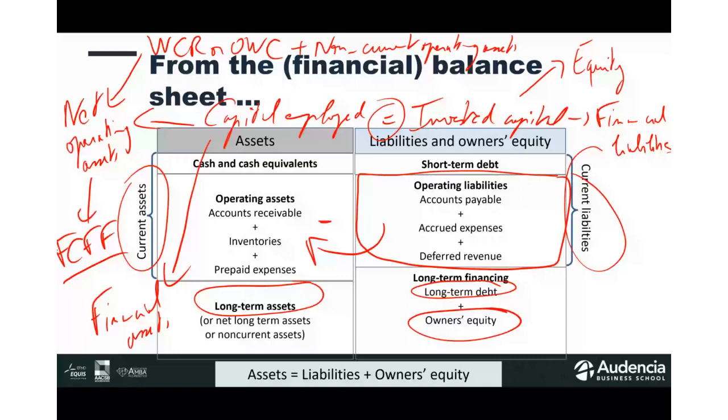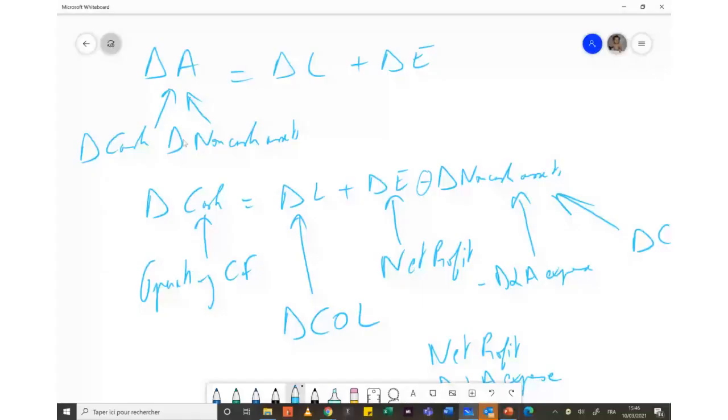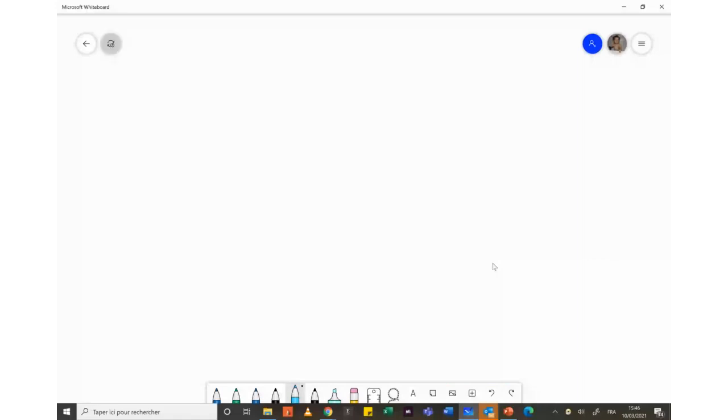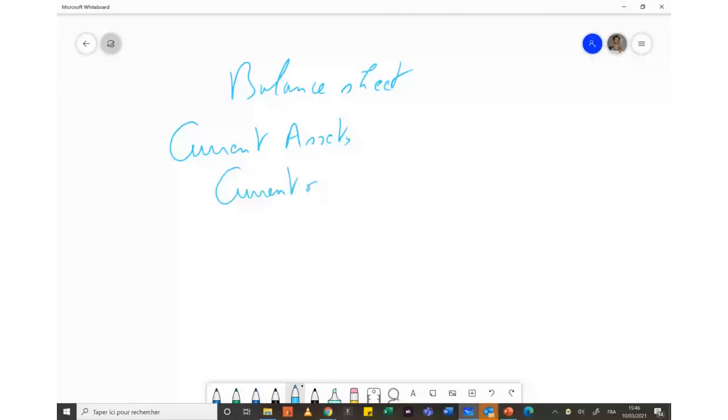So maybe I can create on the whiteboard one example. In the normal balance sheet, we have the current assets. In the current assets, we have current operating assets and current financial assets.